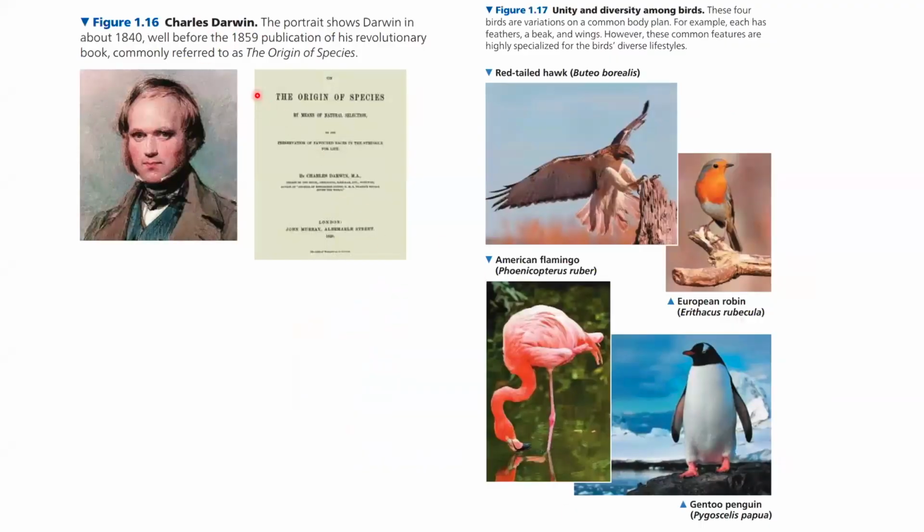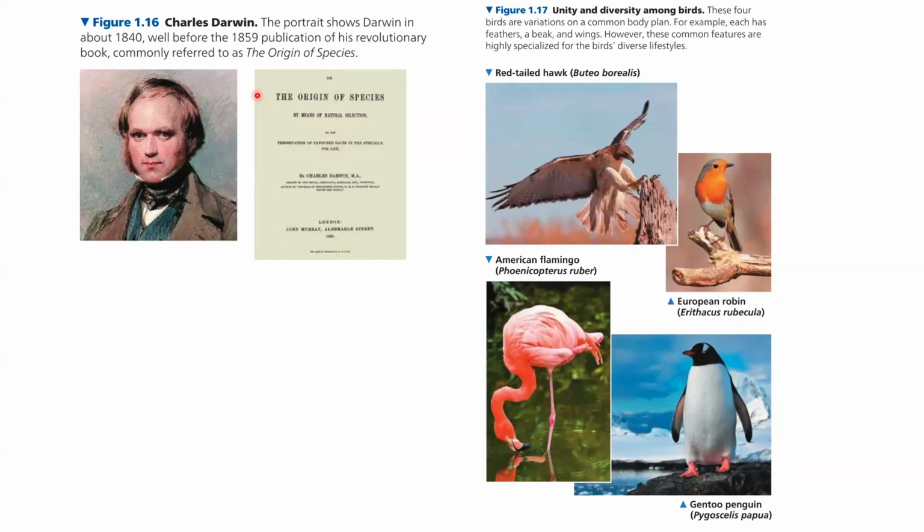So, as mentioned multiple times, since we originate from a single cell, we therefore have something in common, or there's unity of life.